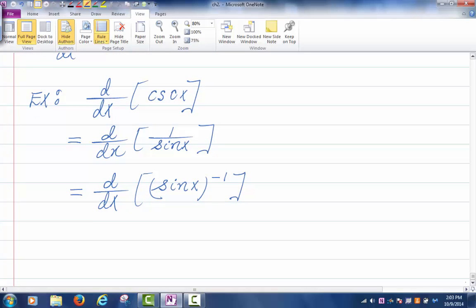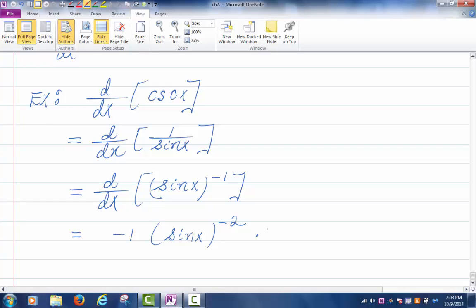So how do I find the derivative now? Well, you look at sine x to the negative 1, you wish sine x was just x, right? So assuming that sine x is just x, you can find the derivative by using the power rule. So by the power rule, it is negative 1 times sine x to the negative what? 2, multiplied by the derivative of the quantity that you wished was x, which is sine x.